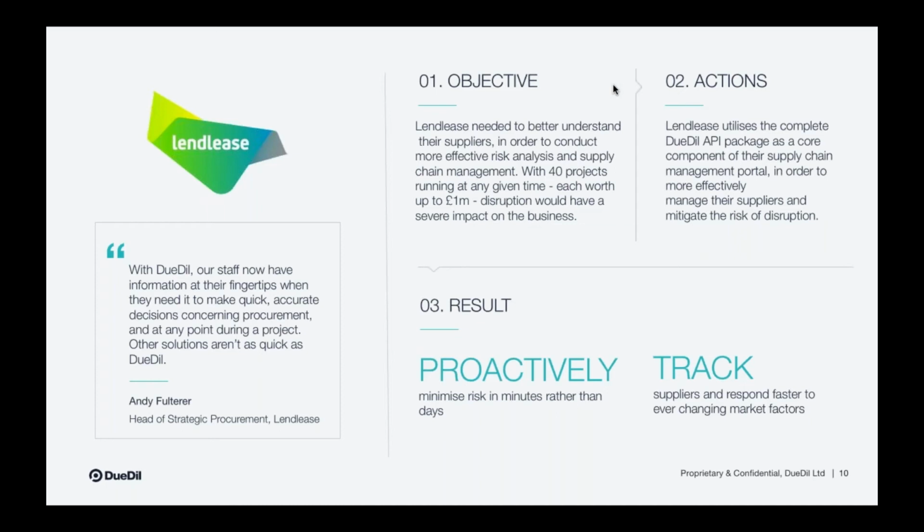So if a supplier defaulted on payment, that could cause a major disruption to their business and to their reputation. Integrating DueDil's API for company data and credit risk reports, Lend-Lease use an internal real-time supply management tool, which allows them to onboard suppliers much quicker. It also gives them the ability to track and respond to changes in existing suppliers' risk profiles and enables them to make accurate, informed procurement decisions at any point in time.